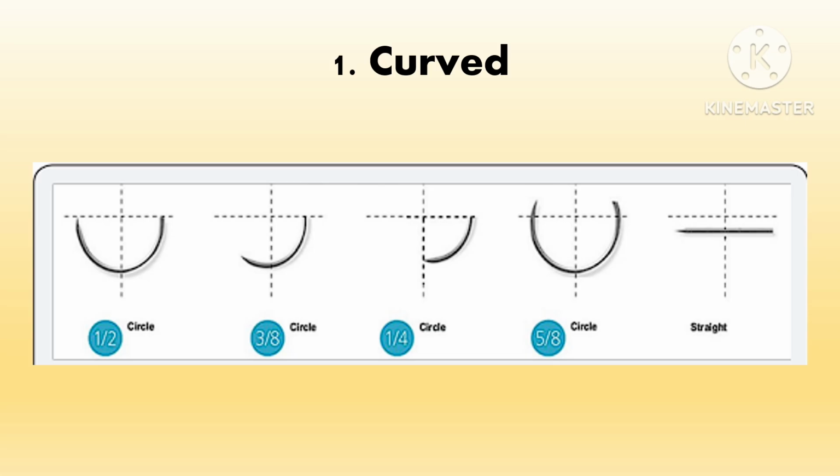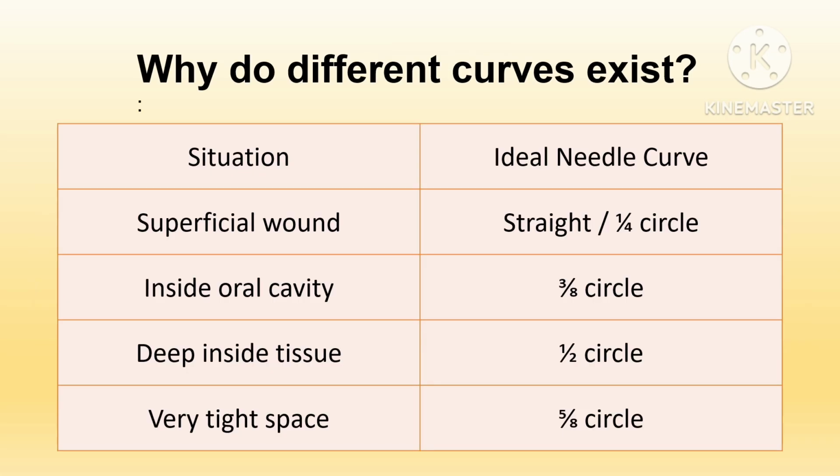These measurements help in selecting the right curvature for different surgical depths and angles. In dentistry, we most commonly use a 3/8 circle with a reverse cutting edge. However, a 1/2 circle needle is sometimes preferred where the working space is restricted, such as the maxillary posterior region.